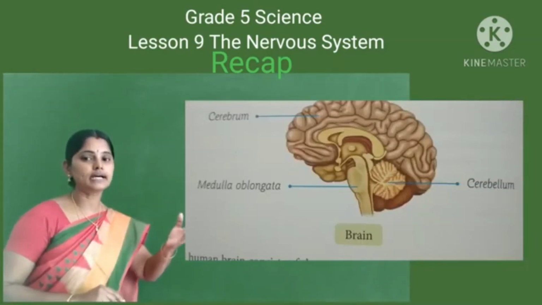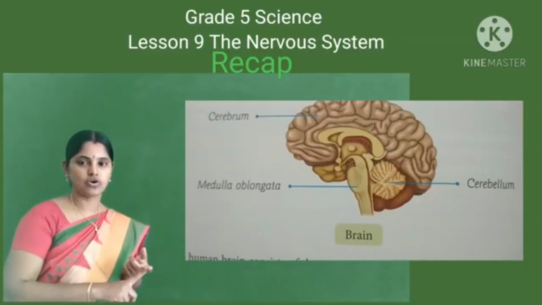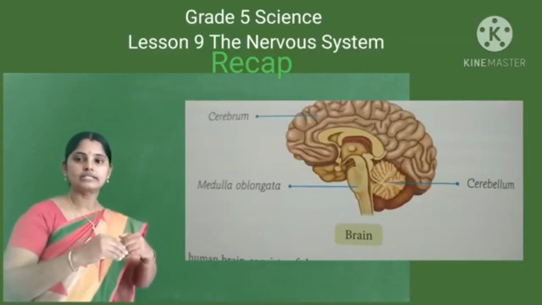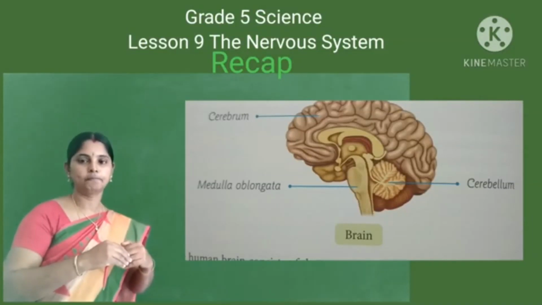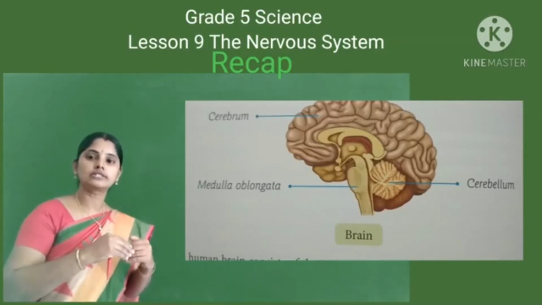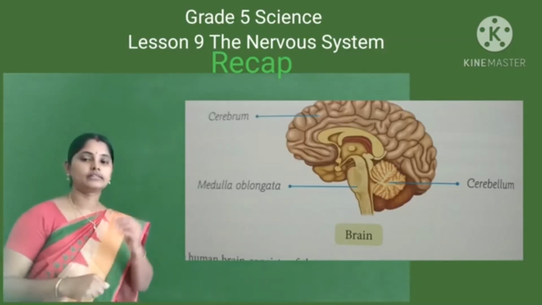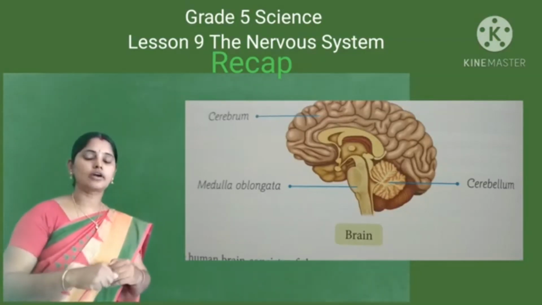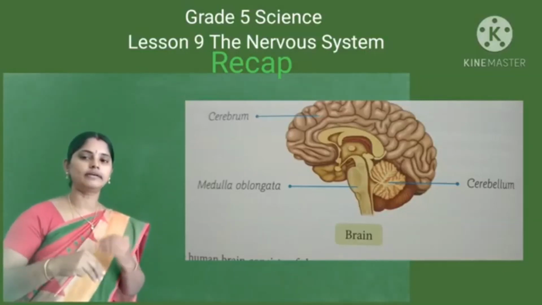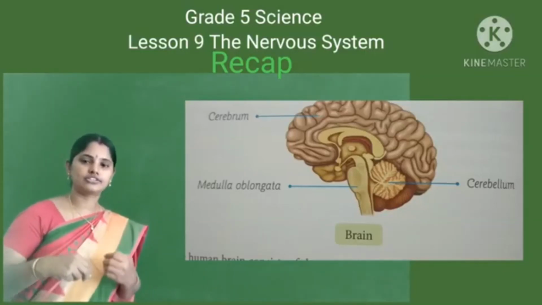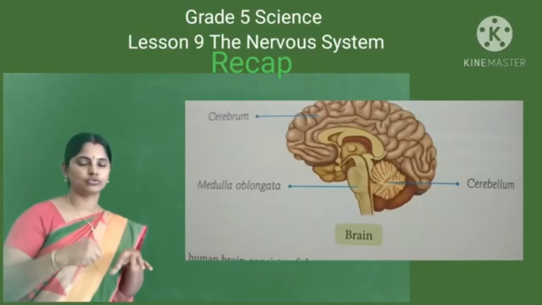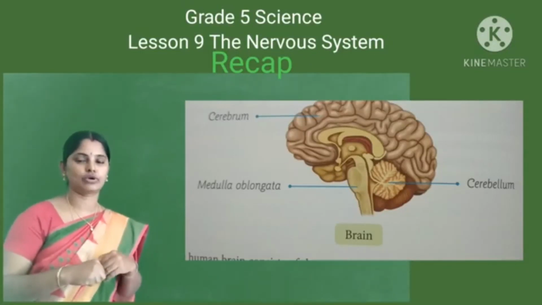Cerebrum is the big brain, the main control. Cerebellum is the small brain, the middle brain, and it controls voluntary actions like running, walking. Then medulla controls all the involuntary actions, that means digestion in the stomach, heartbeat, like those involuntary actions.